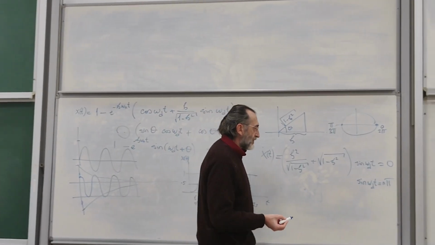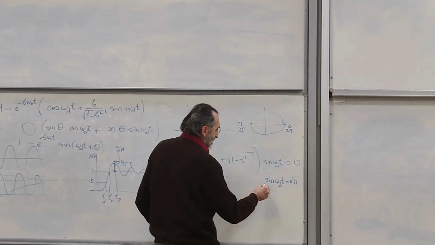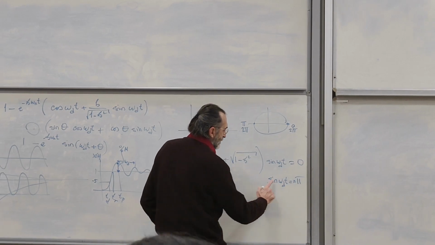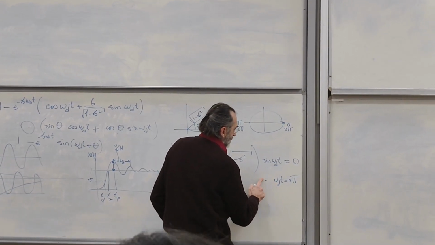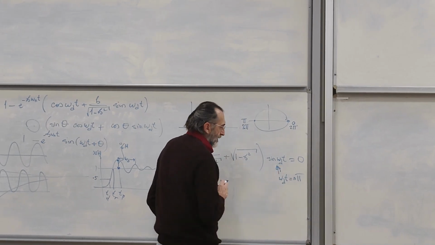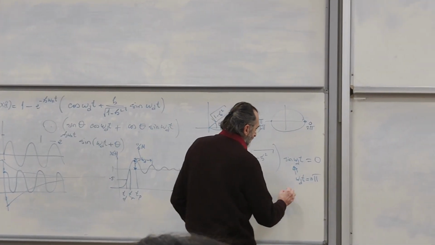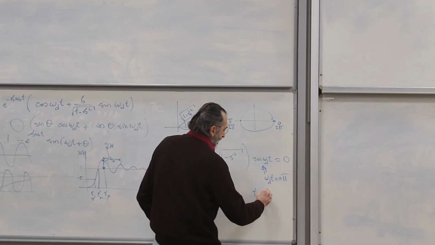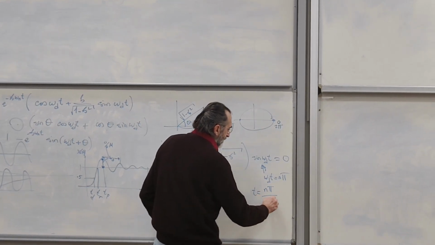So therefore, sine omega d t equals 0 if this is equal to that. Therefore, time is equal to n times pi divided by omega d.